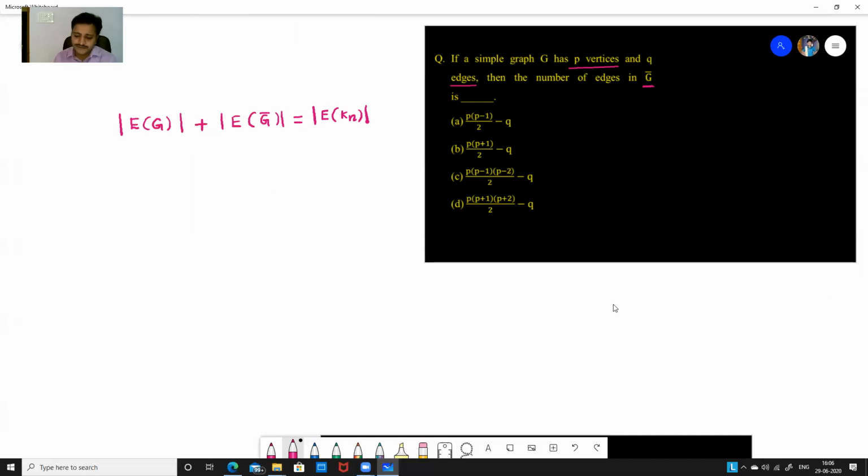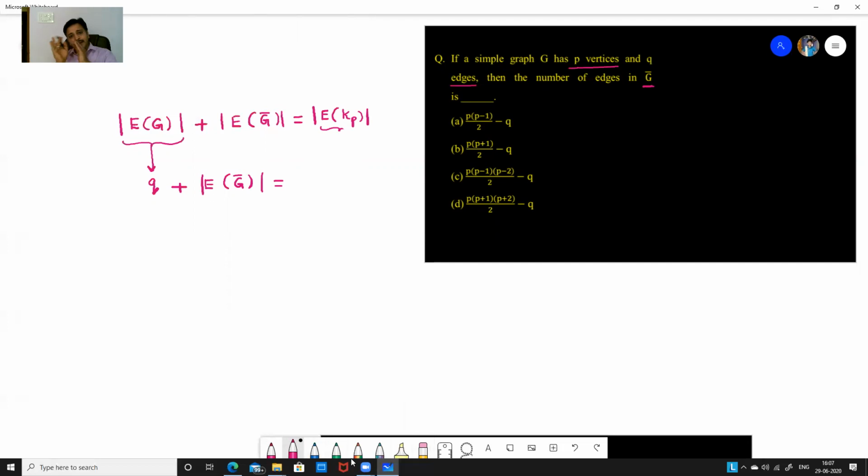Okay, so since it is q number of edges, therefore edges in G, q edges plus, and we want to find number of edges in G bar. So number of edges in G bar is equal to the number of edges in Kn. But n is equal to here p vertices, right? Whenever G has p vertices, instead of writing Kn, we can write K suffix p like this, right?